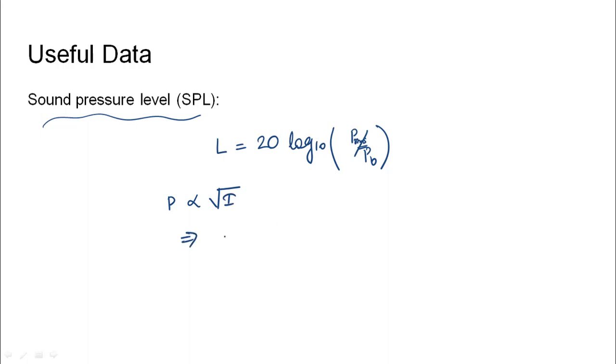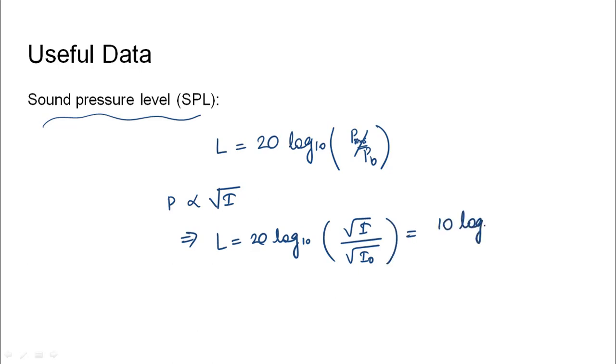So substituting this value in terms of intensity, we will get 20 log 10 root over of I divided by root over of I naught. This would turn out to be 10 log 10 I by I naught. So the following two equations exist, one in terms of pressure and the other one in terms of intensity.